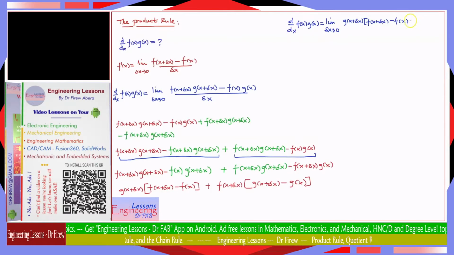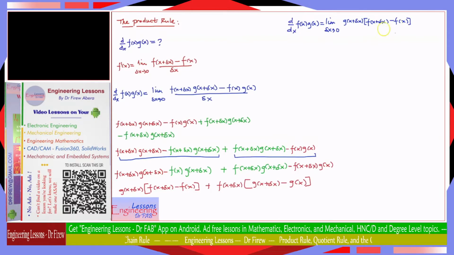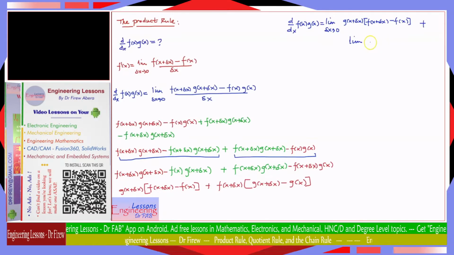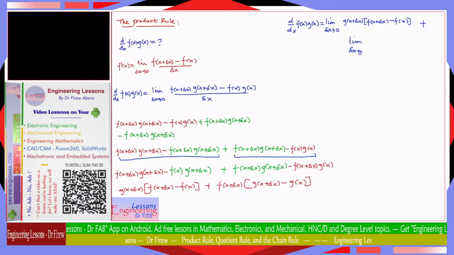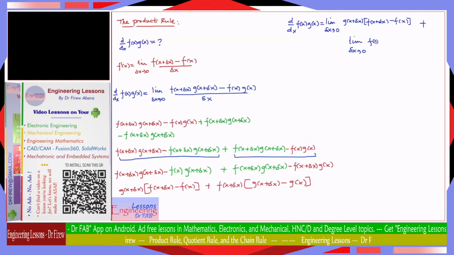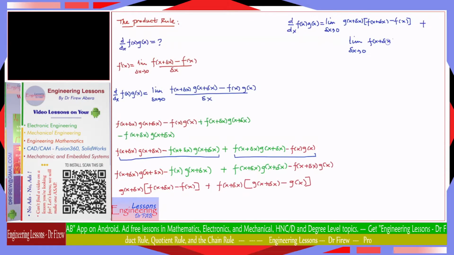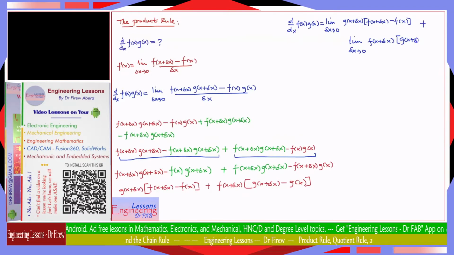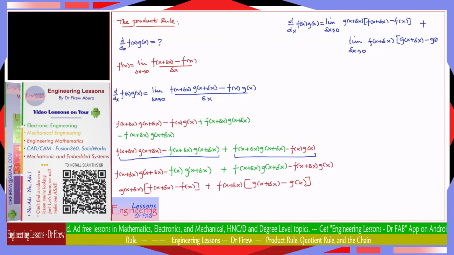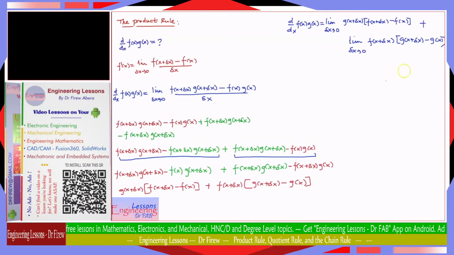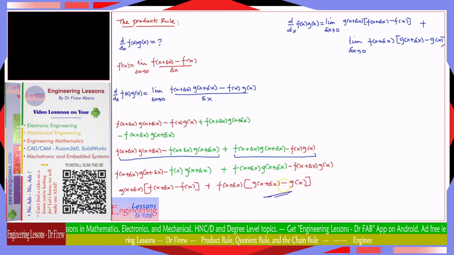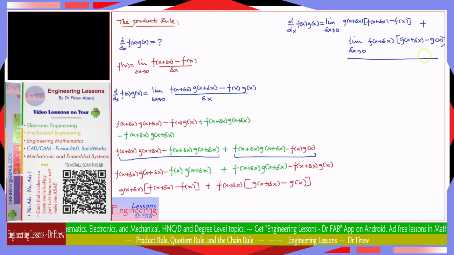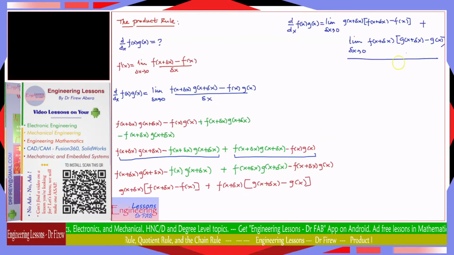Plus the limit as sigma x approaches 0 of f of x plus sigma x times g of x plus sigma x minus g of x, the whole over sigma x.